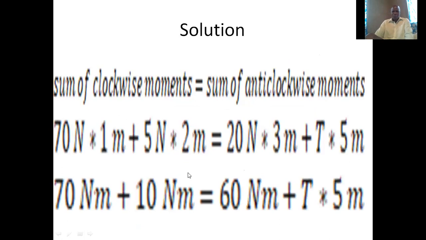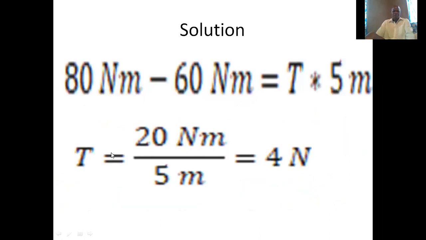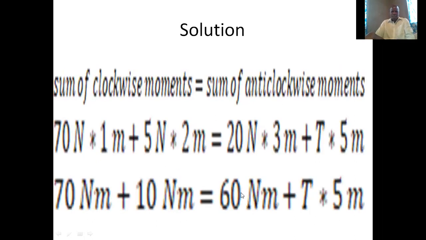And therefore, now we can multiply 70 times 1, it is 70 Newton meters, 5 Newtons multiplied by 2 meters, which is 10 Newton meters, and 20 Newtons multiplied by 3 meters, which is 60 Newton meters, plus tension multiplied by 5 meters. And now we can actually subtract.